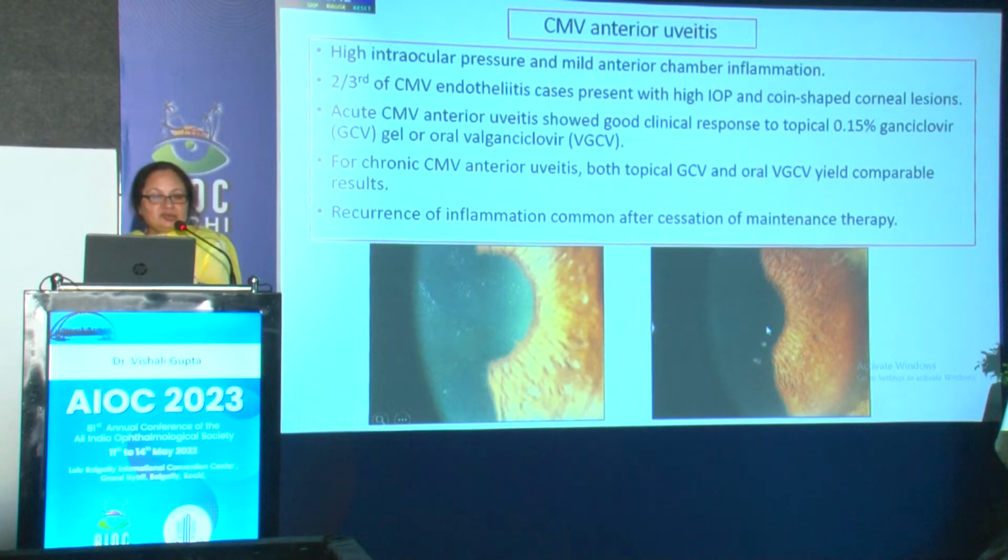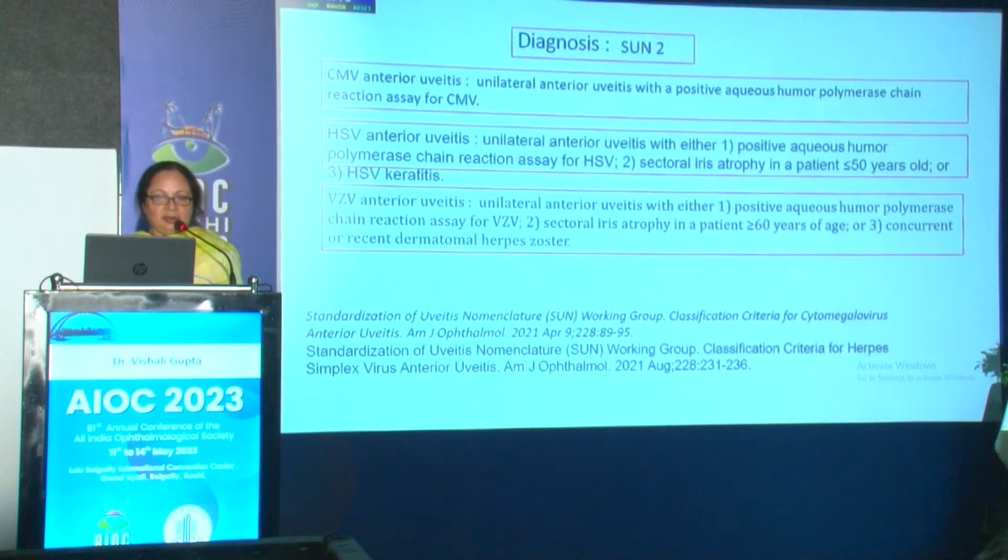Acute CMV uveitis generally responds very well to ganciclovir gel or oral ganciclovir, and for chronic cases, all of us use oral depending on our own choice and preference. Recurrence of inflammation is very common once you stop the maintenance therapy.